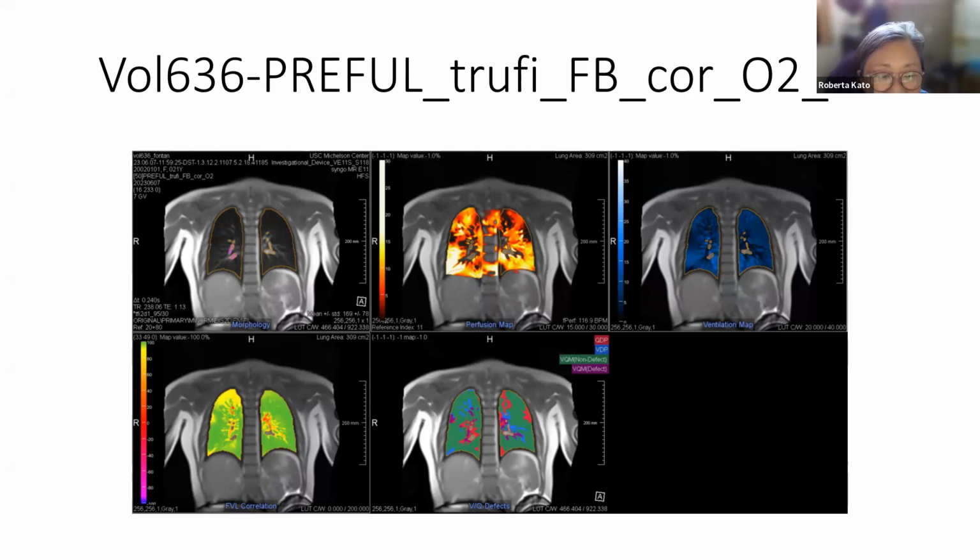That's what I'm still trying to understand, the difference between those two lower panels. I think the FVL is going to be purely a respiratory metric, right? That won't have anything to do with perfusion. I have no idea. No.